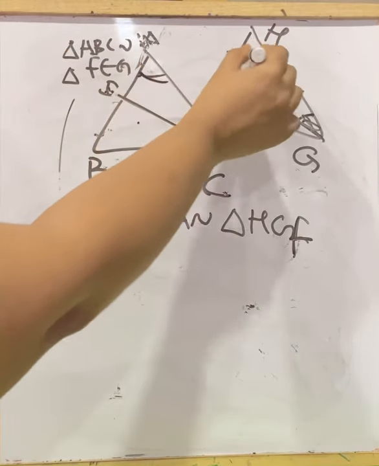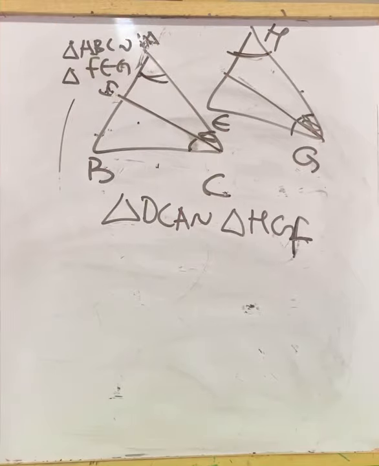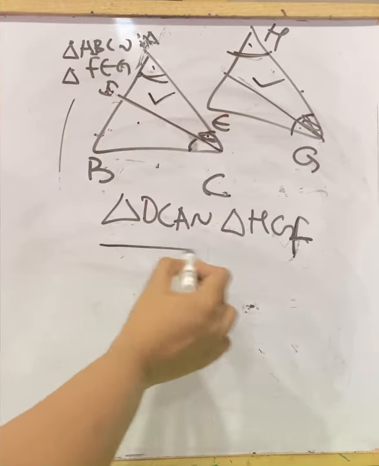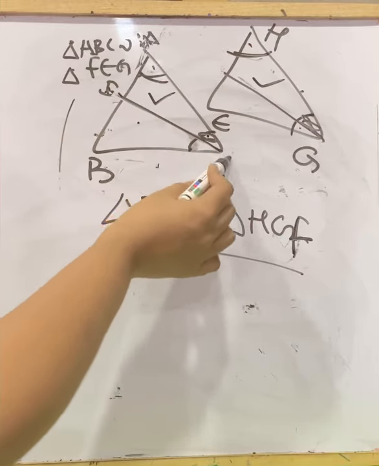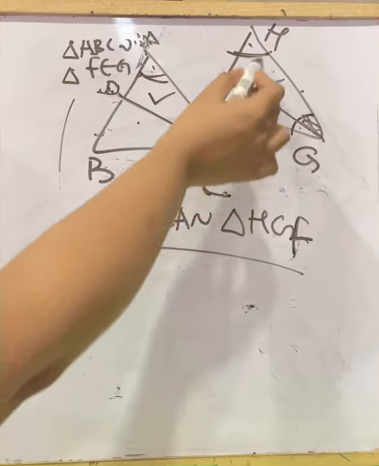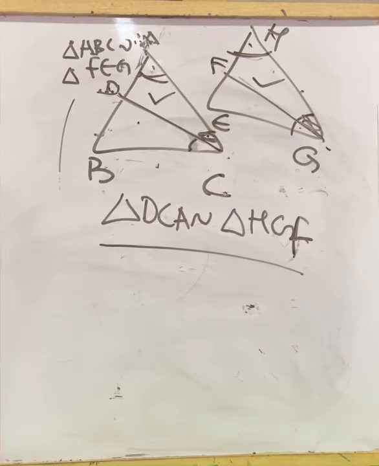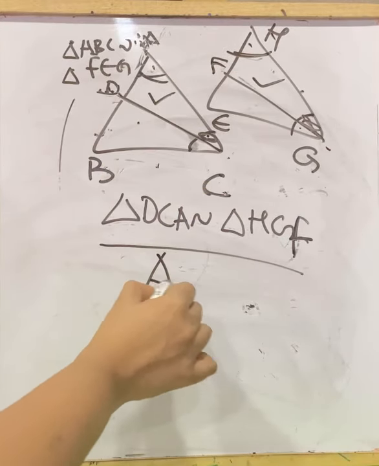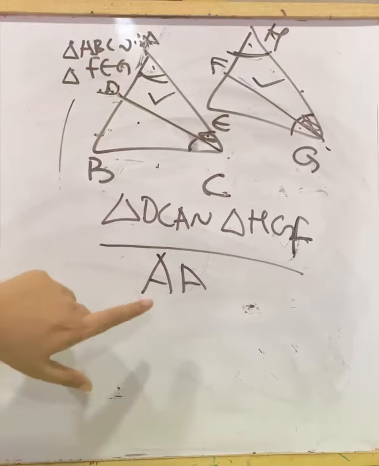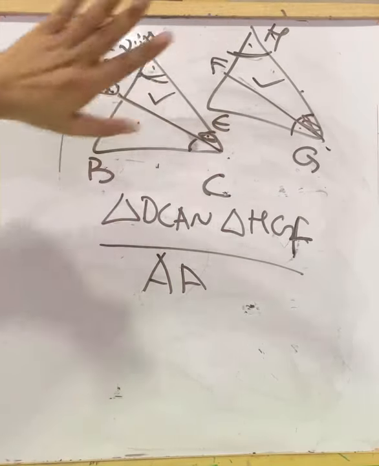Here this is equal because bigger triangles are similar. According to AA similarity, this upper triangle that is asked here, angle DCA, this is D, C and A, and HGF, this is HGF. That is, this angle and these halves are equal. So these two triangles are similar.